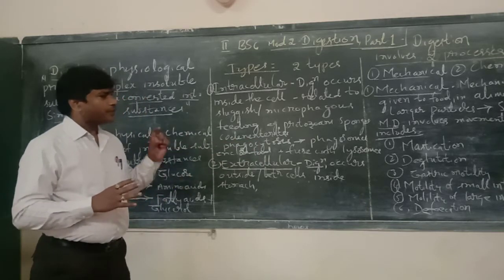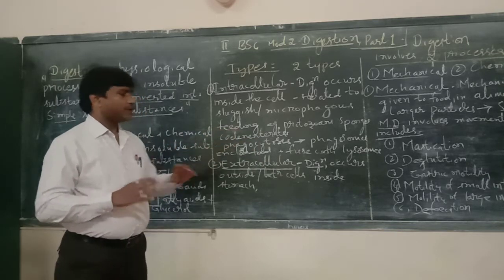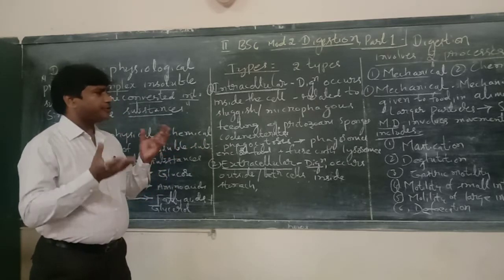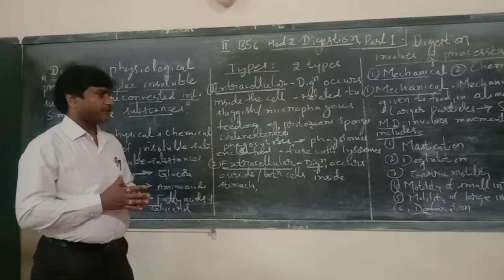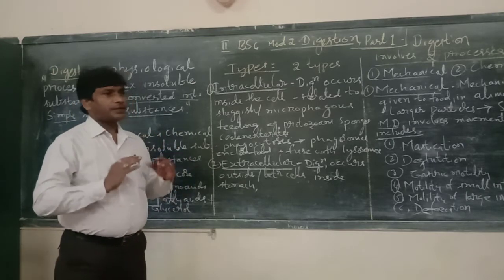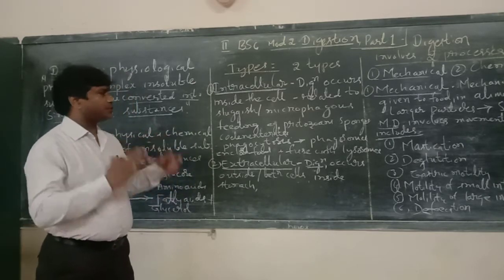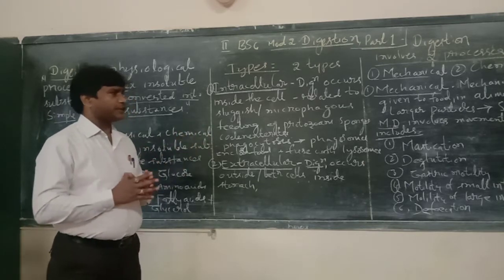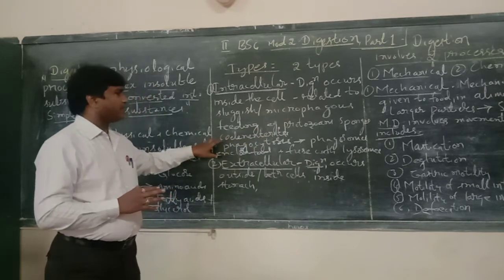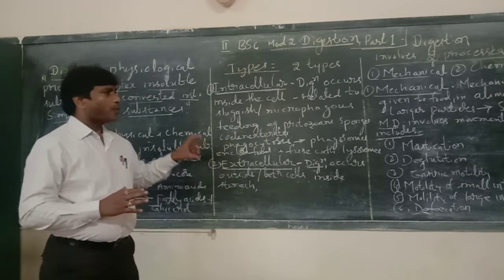Here we have phagosomes, which enclose the food material and then fuse with the lysosomes, and the food is digested. This is how food is digested in unicellular organisms, particularly protozoans, sponges and coelenterates.